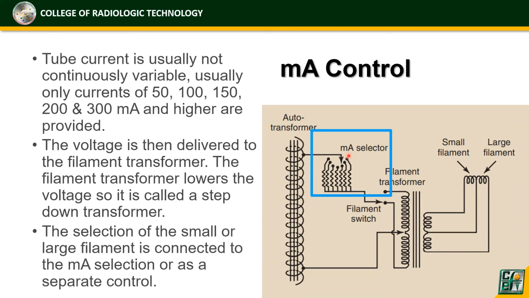In continuation with the MA control or MA selection, so tube current is usually not a continuous variable.